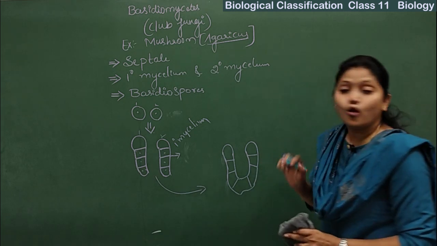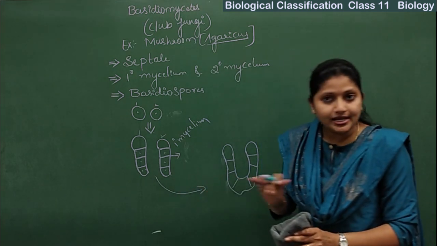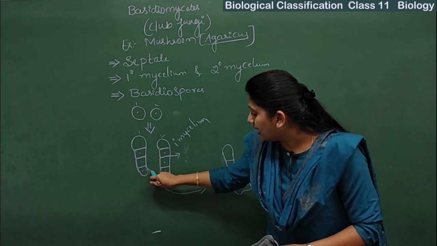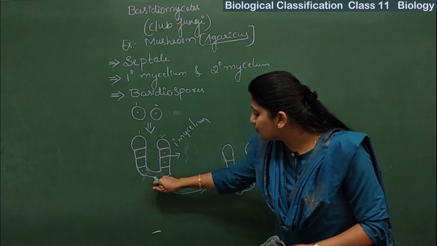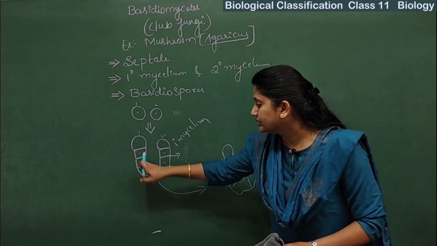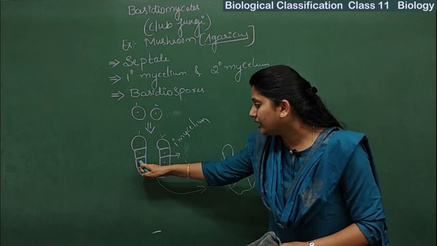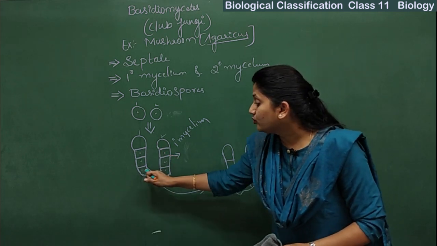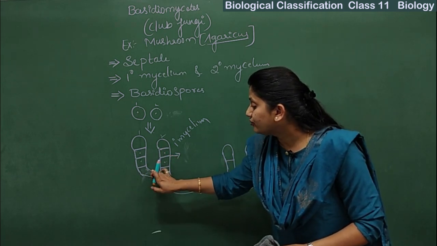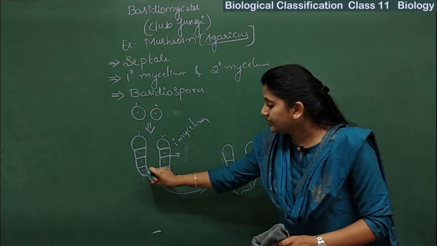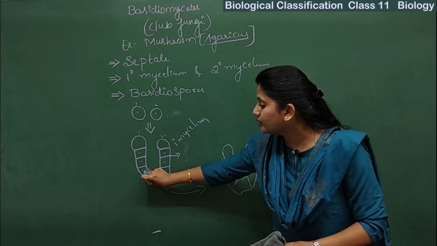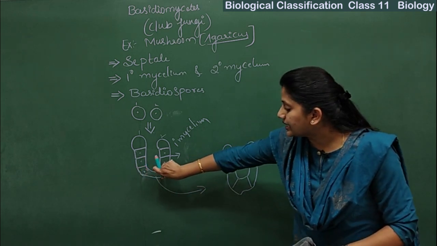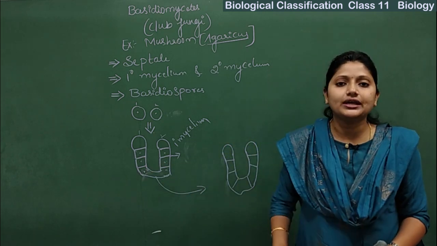Now, how exactly is the fusion taking place? This will extend and here it is fusing without the septa. So this remains the same. This is uninucleate, uninucleate, uninucleate and uninucleate. But here, we have taken off the septa and it has fused, and we had one nucleus here, one nucleus here. So now in this particular region, we have got two nuclei.